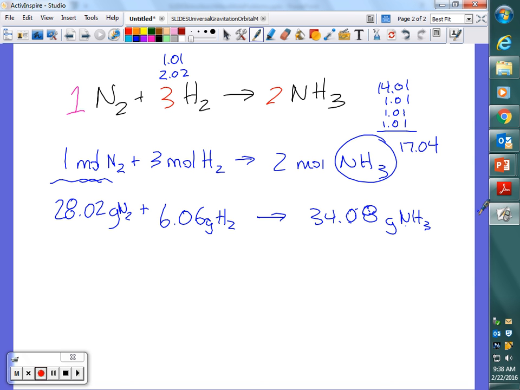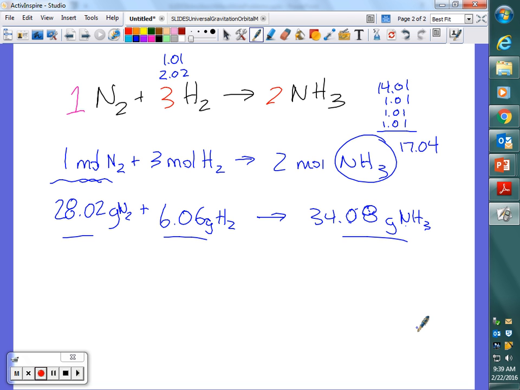Okay. Now, let's talk about the mole part of it, because these are all grams. But according to the ratio of the coefficients, how much hydrogen do we need compared to nitrogen to make this reaction work? The coefficients tell us what?